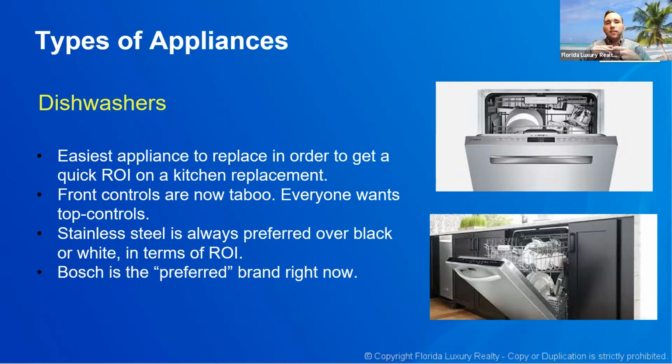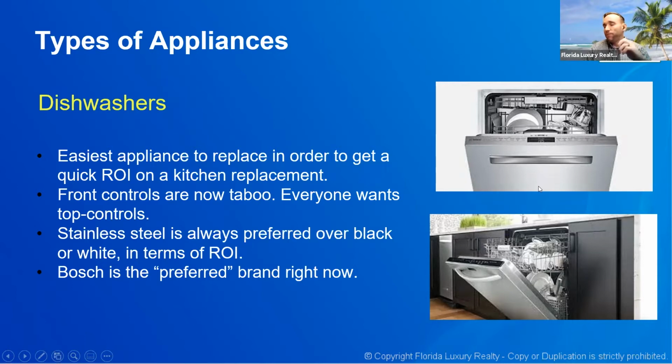And what I mean is you could stick a brand new dishwasher in there and it's going to make everything look much more elevated, so that $300-400 that you would spend for a nice dishwasher is going to increase the value of that kitchen by exponentially more than that $300 or $400. Even in the event that the fridge or the range haven't been replaced, that dishwasher being replaced does add a good ROI.